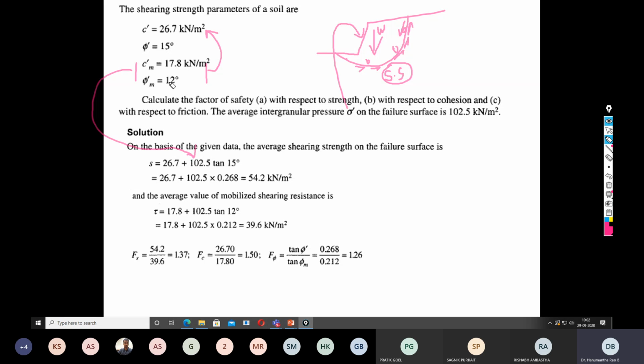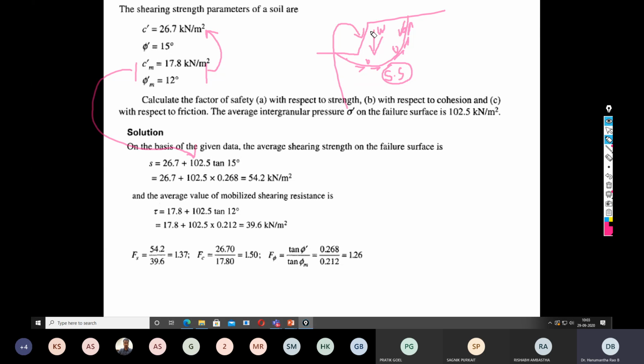So when C dash m and phi dash m are increasing, suppose you increased the normal load, then suddenly C dash m and phi dash m increase. Or there was some earthquake which causes lateral disturbance. That means increase in C dash m and phi dash m. Or there was an increase in the pore water pressure, or a sudden rapid drawdown condition.